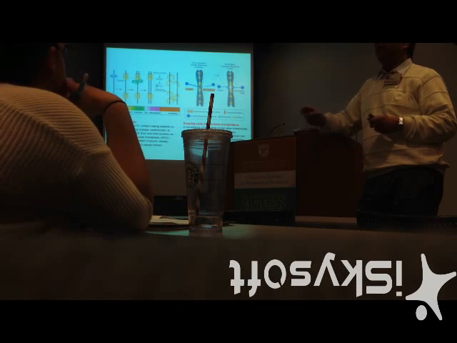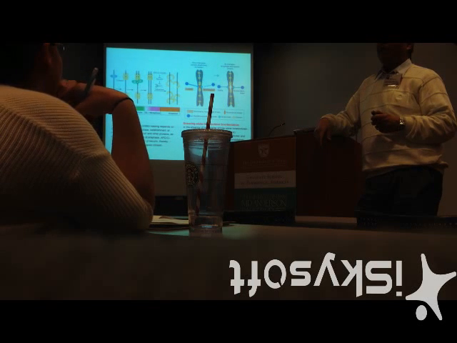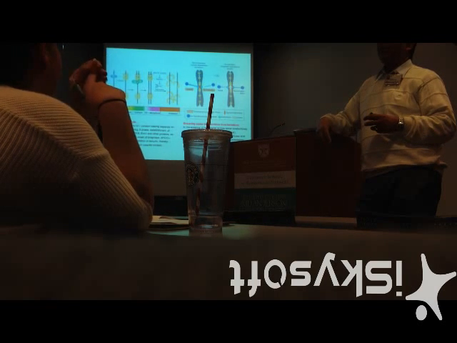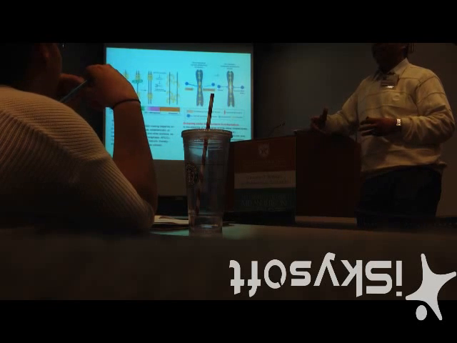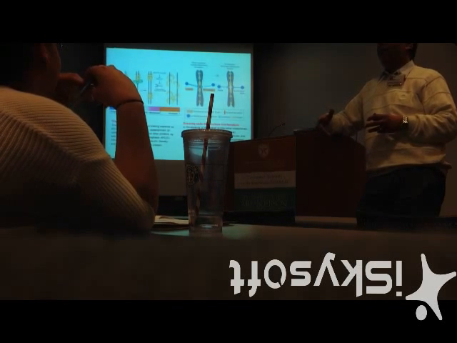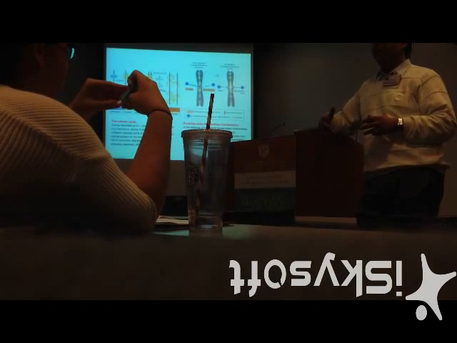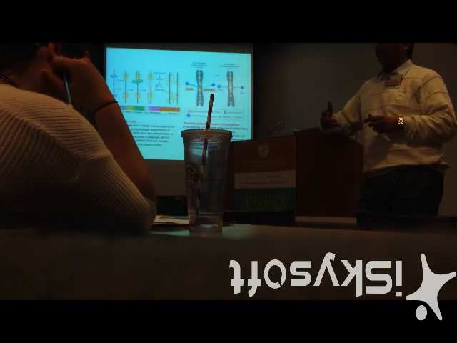In other words, there is this term called licensing, which tells you when the chromatid is licensed to undergo segregation. And it is thought that perhaps this licensing happens once the DNA has been replicated.